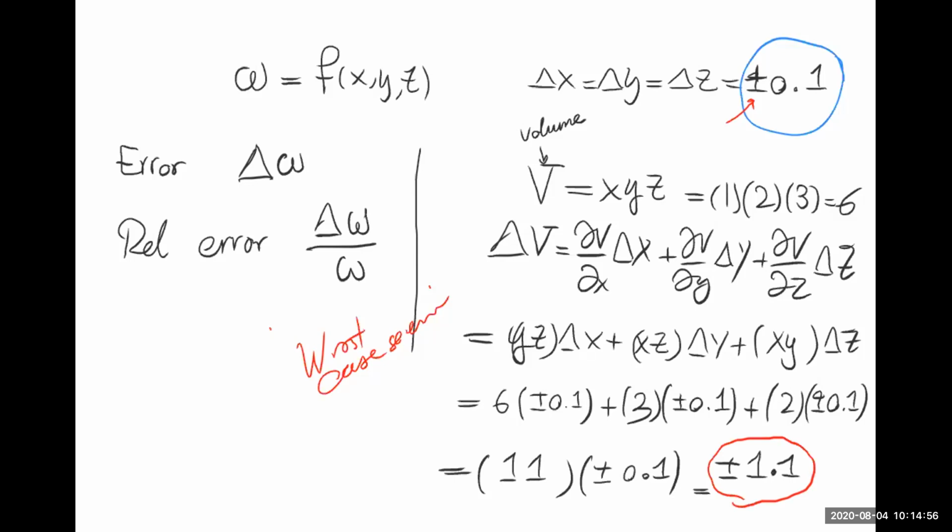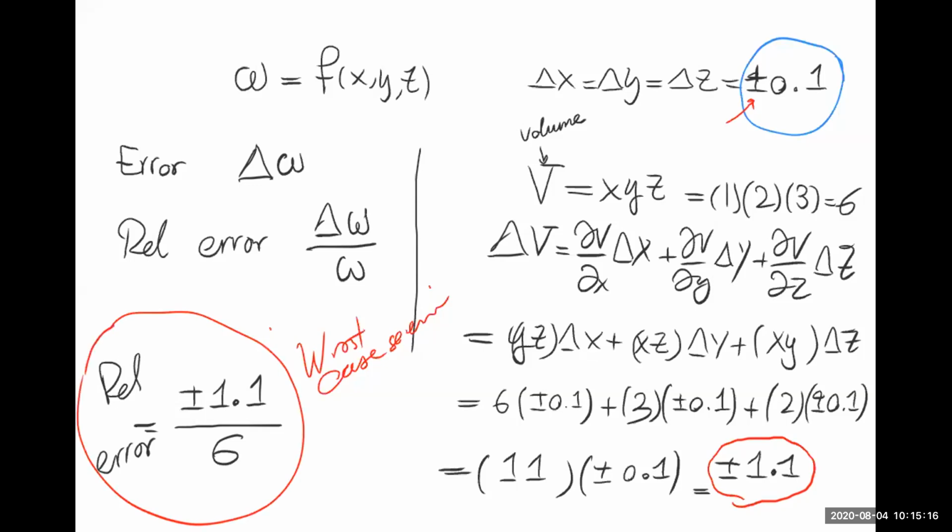Okay, what is the relative error? The relative error is delta V here, which is plus or minus 1.1 over the volume here, which is 6. That's the relative error. So what does the relative error mean? Well, when we divide by the volume of the box, it shows that if the volume is a large number, a small error doesn't matter anymore.